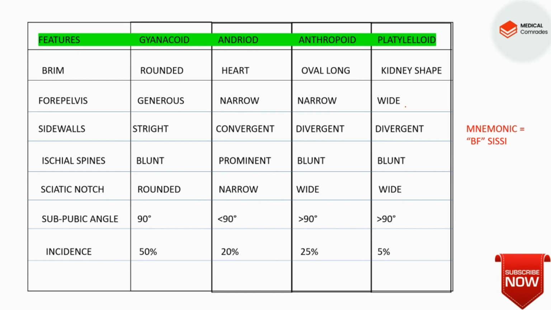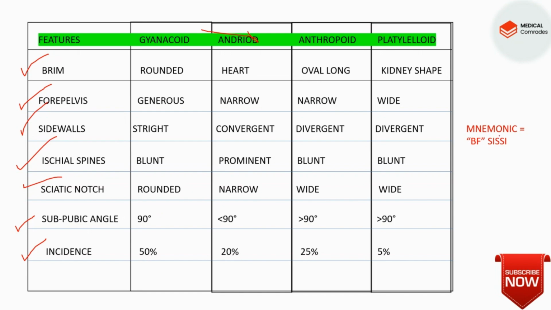So these are the main features: brim, forepelvis, side walls, ischial spines, sciatic notch, subpubic angle, and incidence. If you only write this table, you will also get marks.